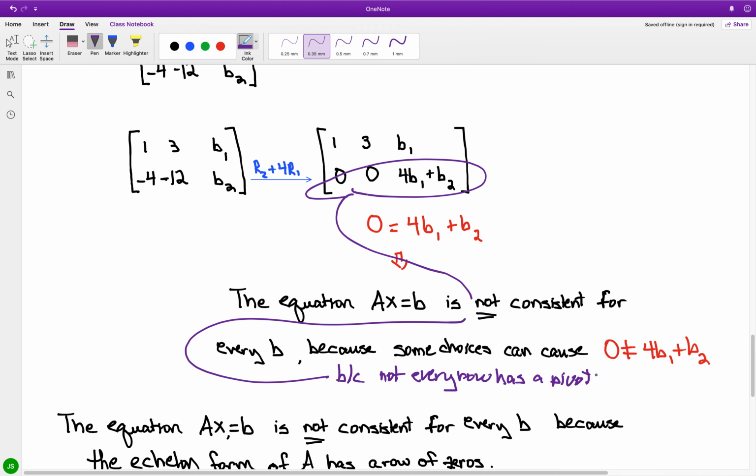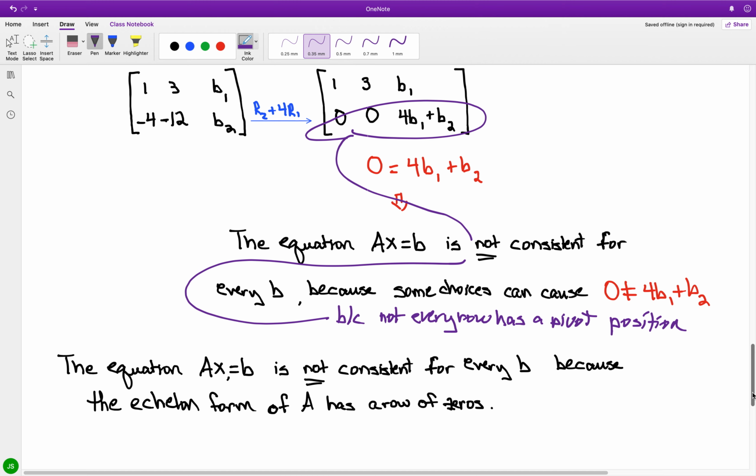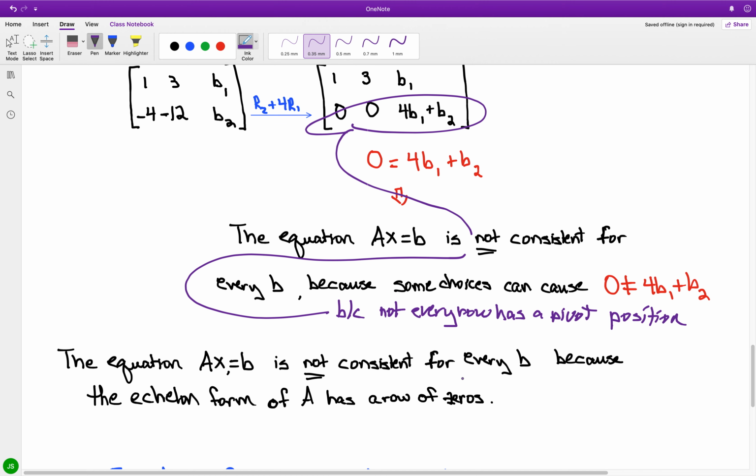Again, I will be explaining that a little bit further. So in essence, the equation Ax equals b is not consistent for every b because the echelon form of A has a row of zeros. Just another way of wording it.